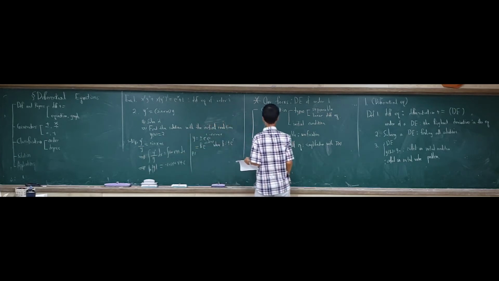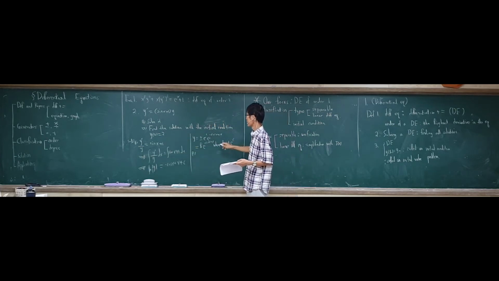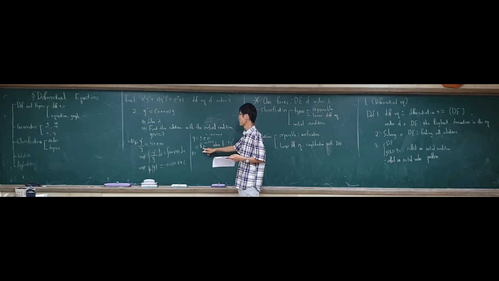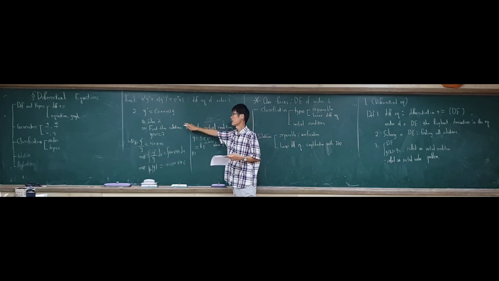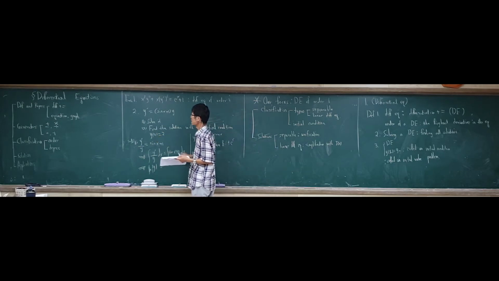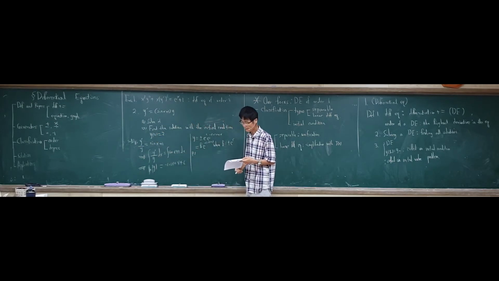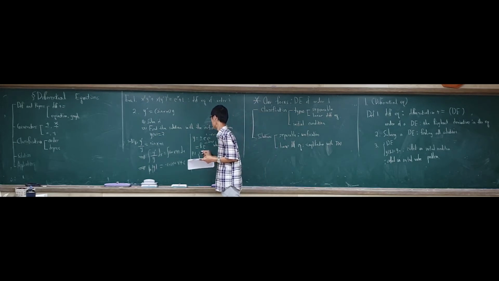As I told you, there are infinitely many solutions of this differential equation. But if we consider some initial value problem, then we usually have a unique solution. Problem 1 we have already seen: y equals k e to the minus cosine x plus x.